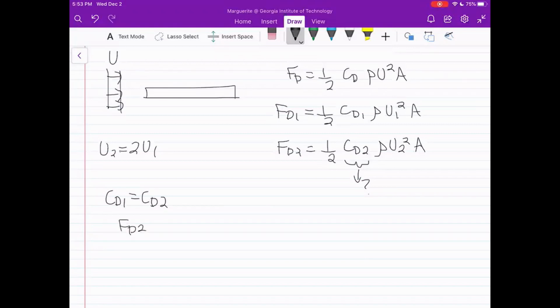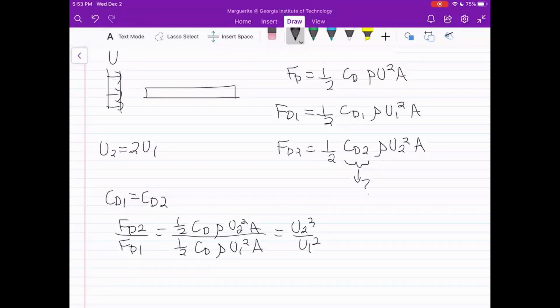If we divide these two equations, FD2 over FD1, we get 1/2 CD rho U2 squared A over 1/2 CD rho U1 squared A. Everything cancels out until you have U2 squared over U1 squared. And of course, we know that U2 is 2 U1, so you get this to be equal to 4.